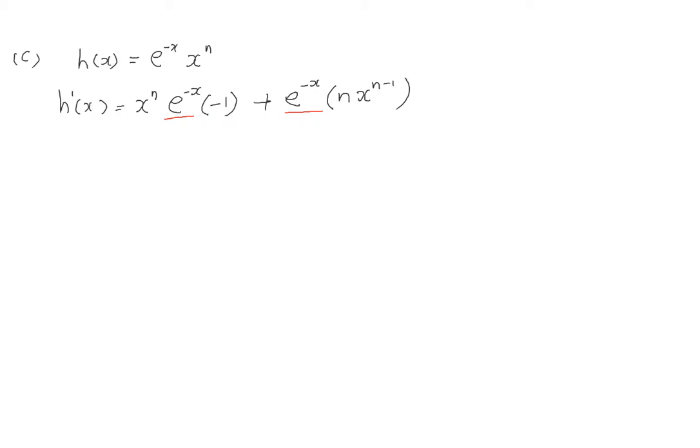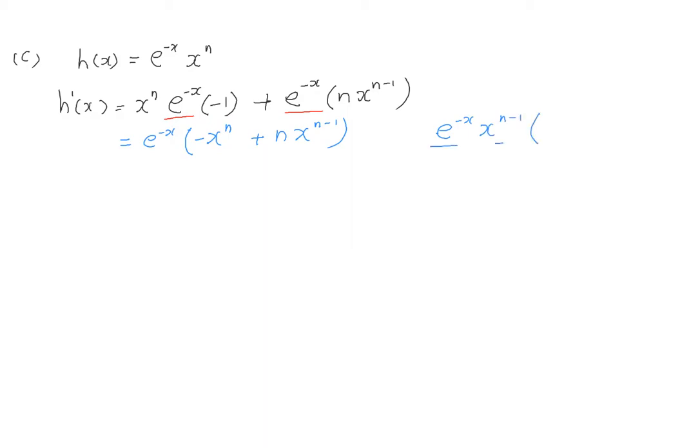So this will be e to the power negative x, x to the power n plus n x to the power n minus 1. Okay, I will just stop here. I will not factorize further, because if I factorize further, like for example, I take out x to the power n minus 1, then I will have a product of 3 functions.